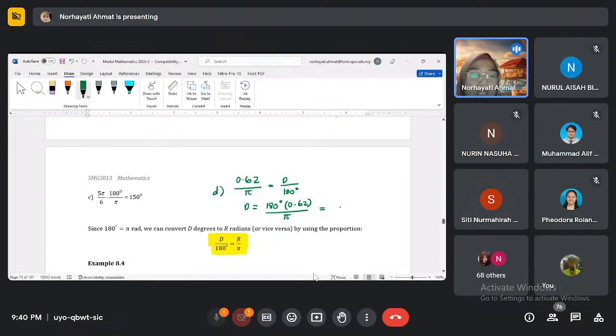Okay, so kena bagi semua dalam bentuk perpuluhan. 35.52 darjah. Jangan lupa unit. Kalau dalam degree kita tulis degree. Kalau dalam radian we need to write rad, R-A-D. Okay, boleh kelas?